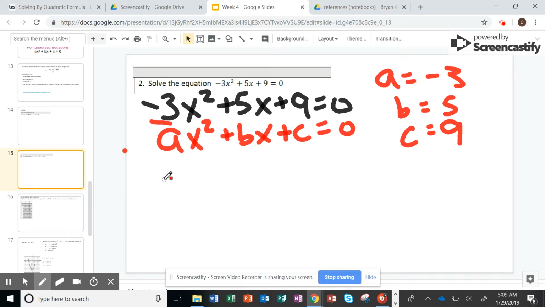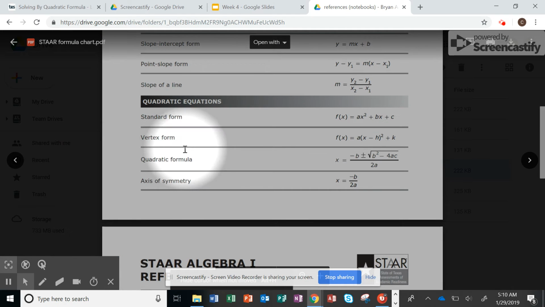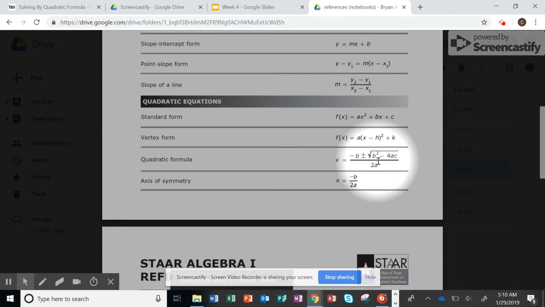So now again, we go back to our formula, which is again right here, the quadratic formula, and it's also in your foldable.